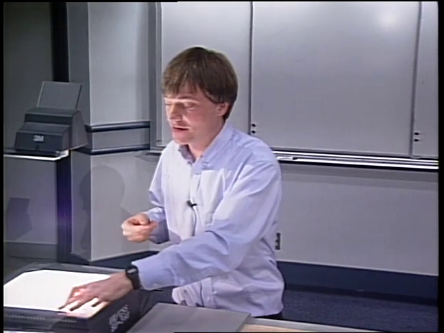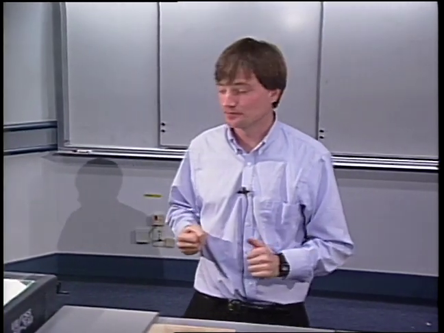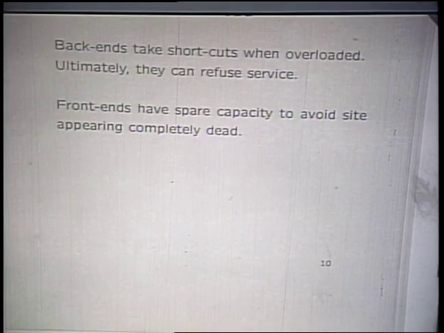Okay. Another important thing to think about when designing a system like this is what to do when you get overloaded, because it will happen. And the really important thing to remember is not to get positive feedback when it happens, but to get negative feedback. So you need to take shortcuts when you get overloaded so that you take fewer CPU cycles and you get out of the overload state.